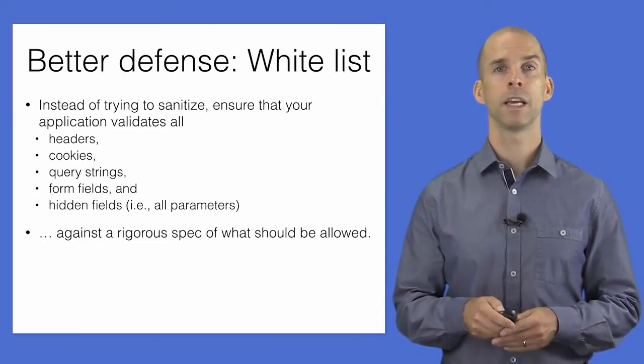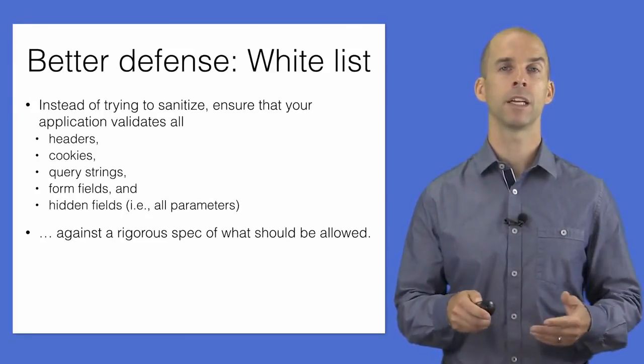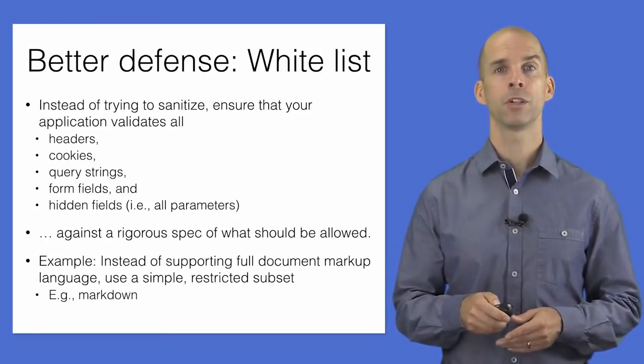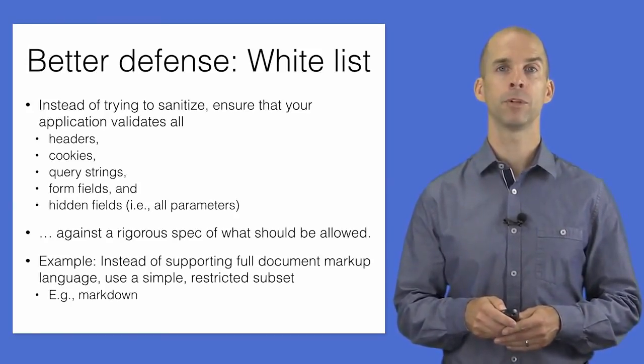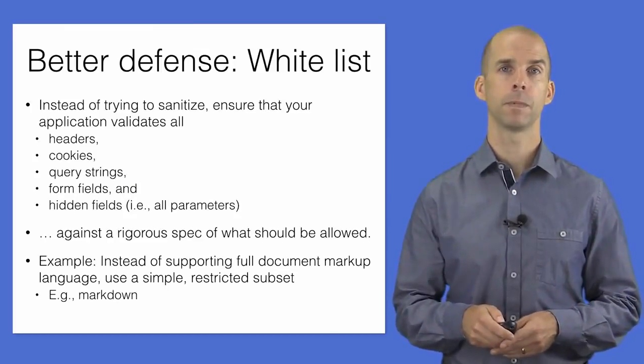Returning to our blog example, a whitelist filter could check that the URLs or other user comments contain only boldface, italics, and underline tags, and no other tags. Or the blog could permit only a more limited language for providing comments. So rather than full HTML, it could allow, say, Markdown.